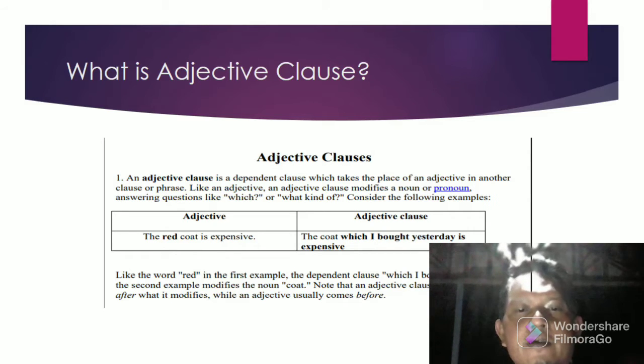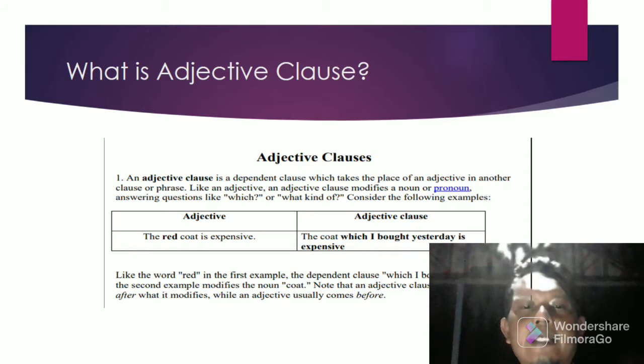Then, like the red coat, the second example modifies the noun. The adjective clause here also modifies the noun or pronoun. The main point is it comes after the noun.